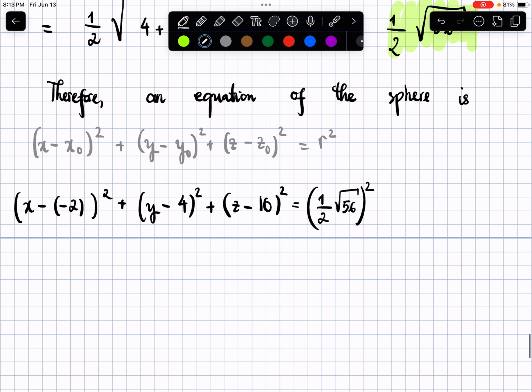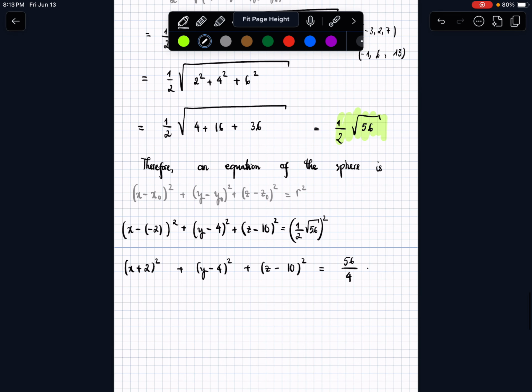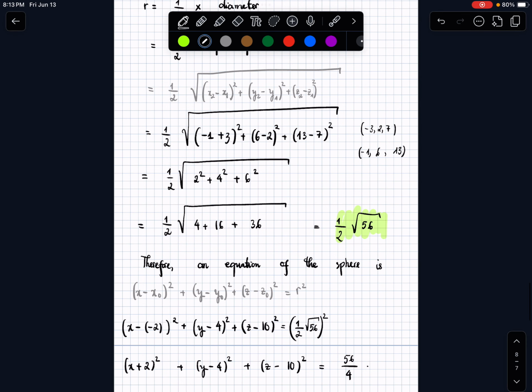So I can write it as x plus 2 squared, y minus 4 squared, z minus 10 squared equals 56 divided by 4. Right, okay. So this is our equation for the sphere.